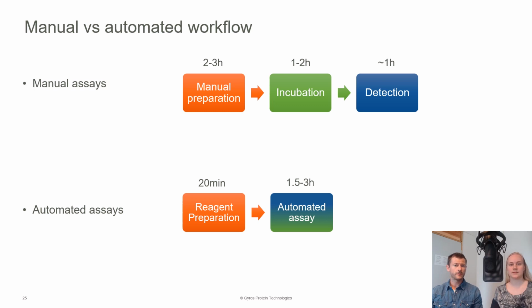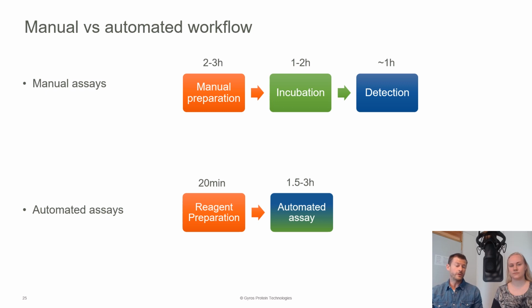Working with this assay, we had two workflows. Firstly, the manual assay, where we use Gyrolab for detection, but all of the reagents and mixing and incubation is done outside of Gyrolab manually. Then we're running a one-step assay on a Bioaffy 1000 CD just for detection of the complex. And then the automated assay, which is using the mixing CD we just talked about. You have 20 minutes of reagent preparation, and then you load everything in the Gyrolab.